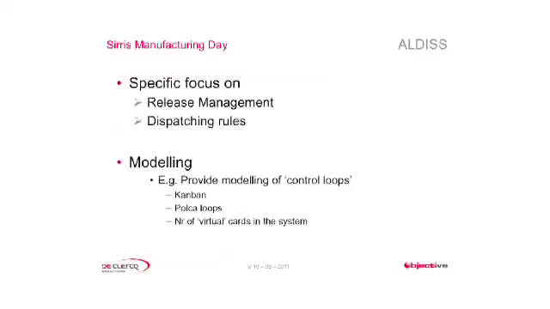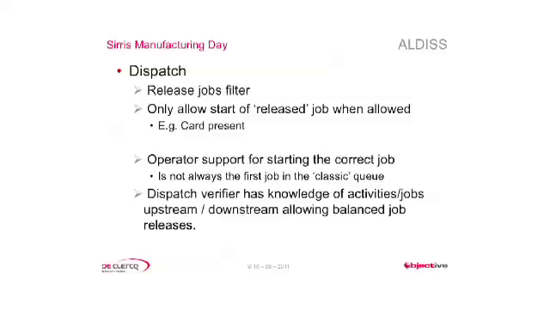It will have a specific focus on release management, on dispatching rules. It will allow modeling, for instance, the modeling of a control loop, a Kanban loop, a Polca loop. It can define the number of virtual cards in the system. Regarding the dispatching, it can be a job filter. There can be a lot of jobs released on the floor, but if there's no virtual card present, this system can prevent starting this job.